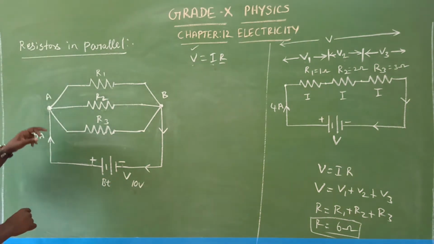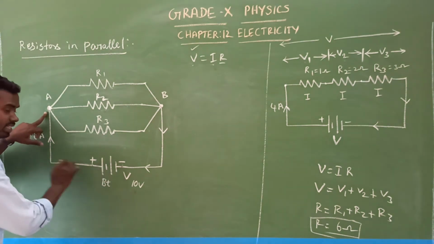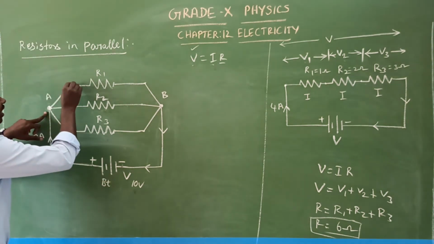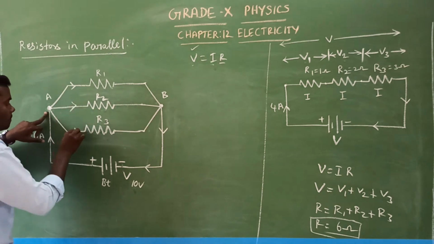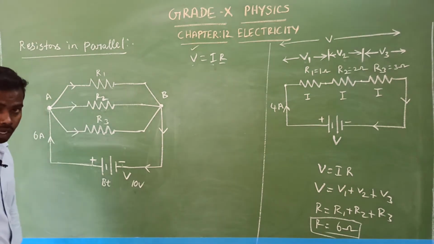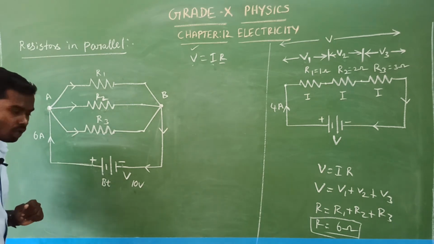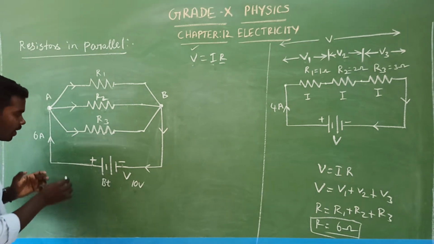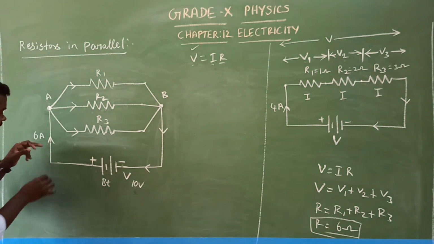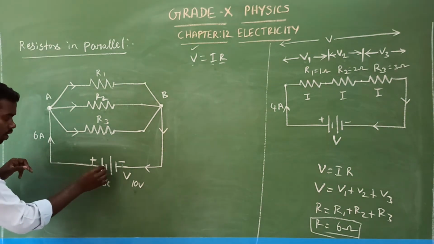Yes, look here. In a parallel combination, the current gets distributed. We applied a 10 volt potential difference by this battery, and due to it 6 ampere current is flowing from the positive terminal.